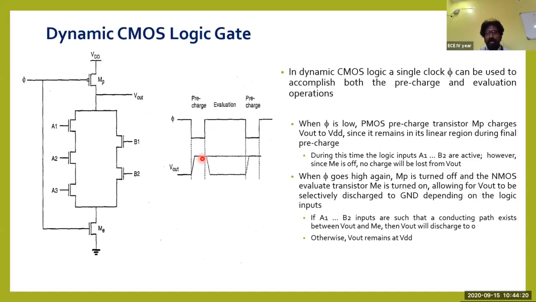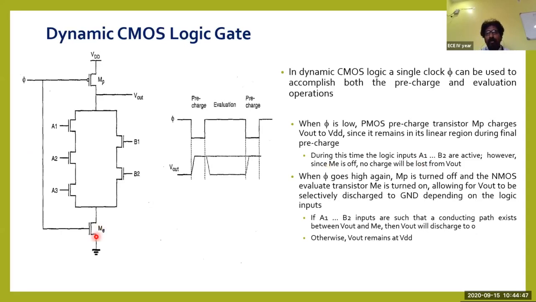Now, during this time, the logic inputs A1 to B2 are active. Active means all the transistors are working depending upon the values given to the gates A1, A2, A3, B1, B2. Since the clock equal to 0, this ME will become off.